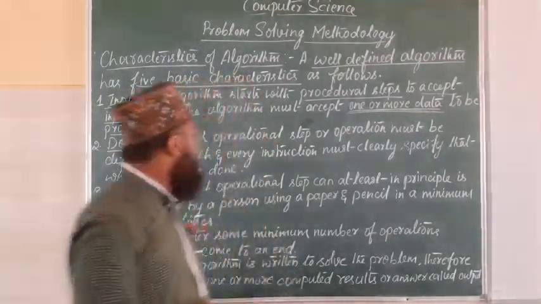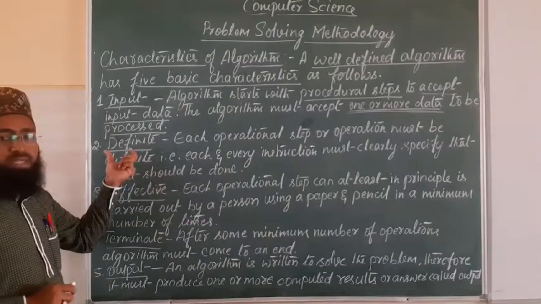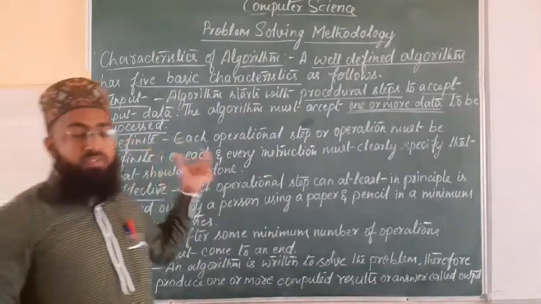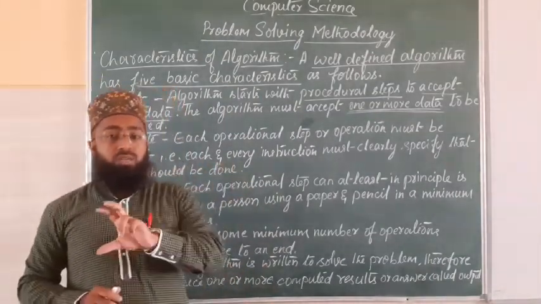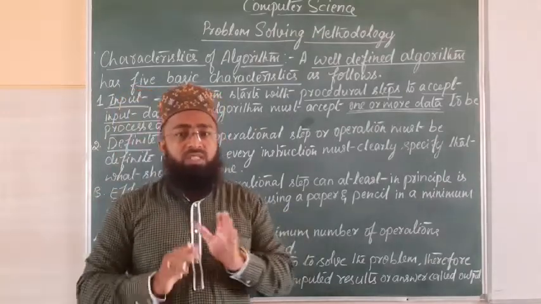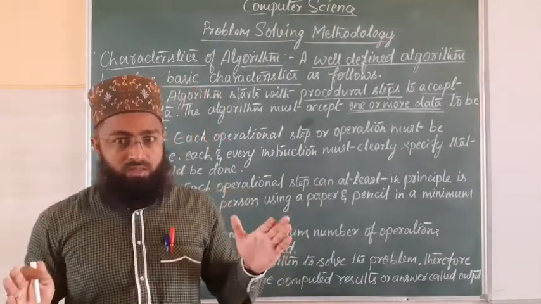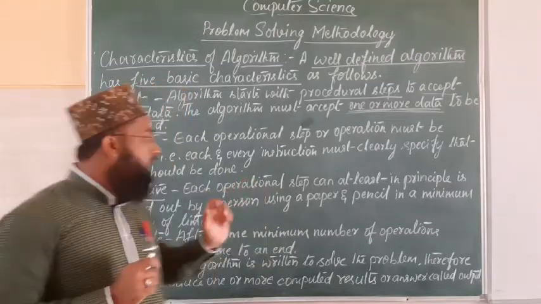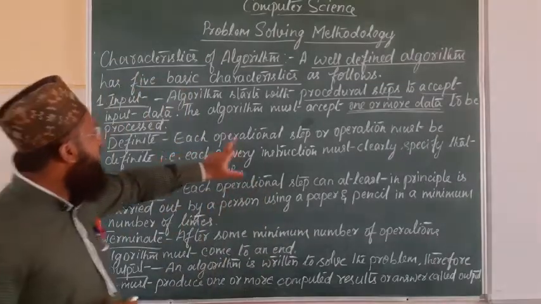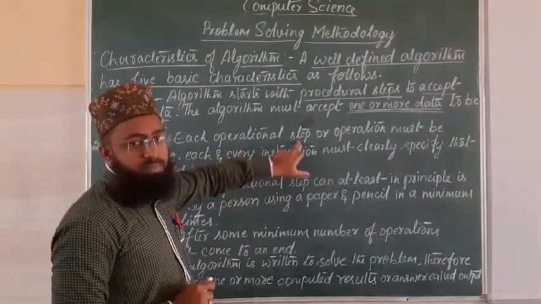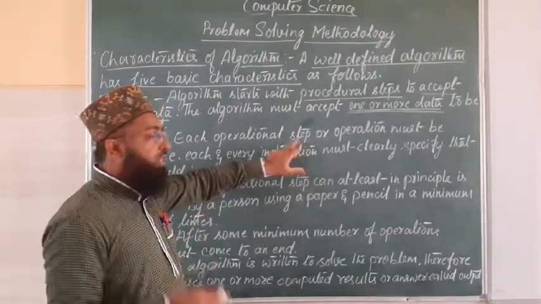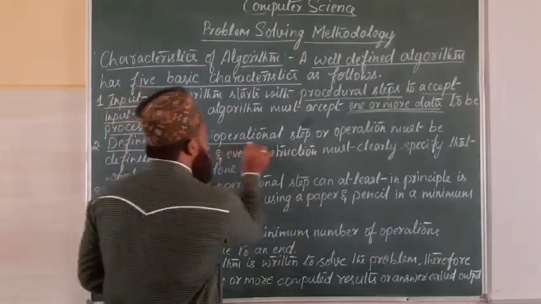And the next thing is definite. What is meant by definite? Definite means the algorithm should have some definition. It means a clear explanation about the input data. That is, each operational step, the steps which we use for the operations.